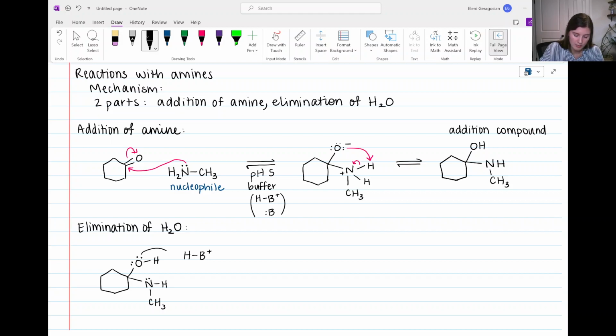The oxygen will take a proton from the acid that's present, and then our B will just become a B. With this protonation step, we now have a substituent H2O, which we know is a good leaving group. So this is where that water byproduct is generated.